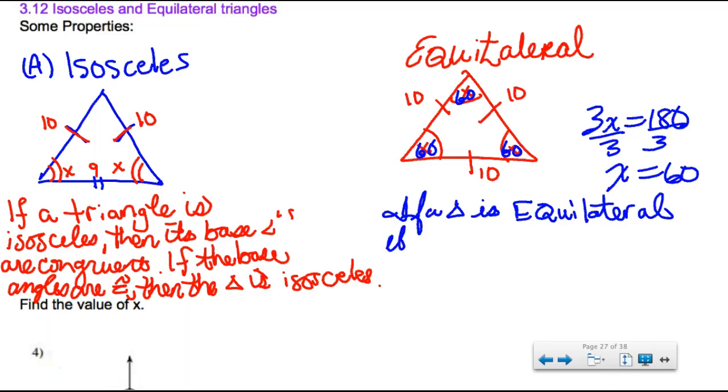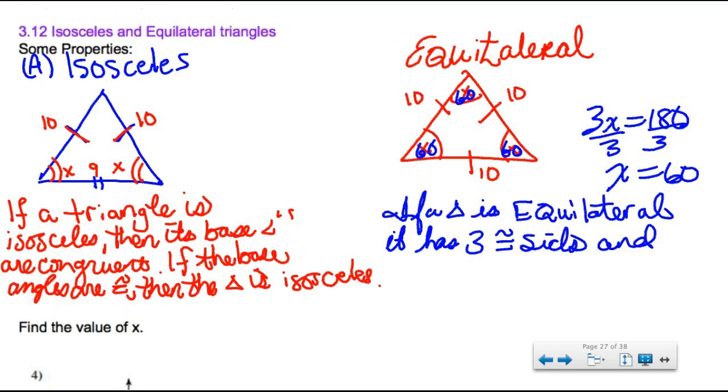It has three congruent sides and three, and I'm not going to write three congruent angles. I'm going to write 60-degree angles because that's a little bit more specific.